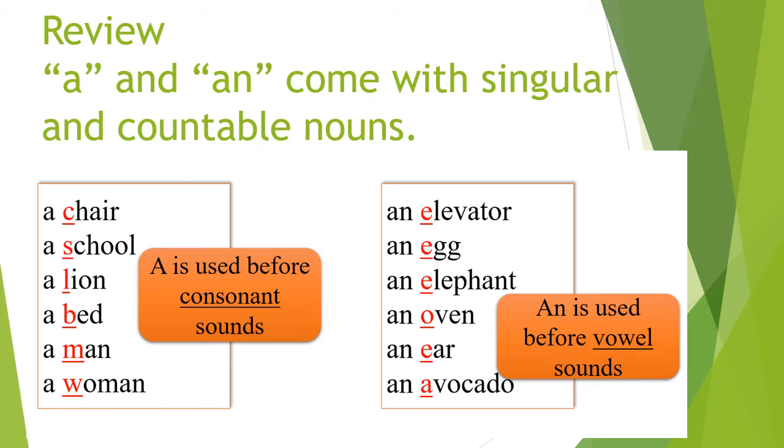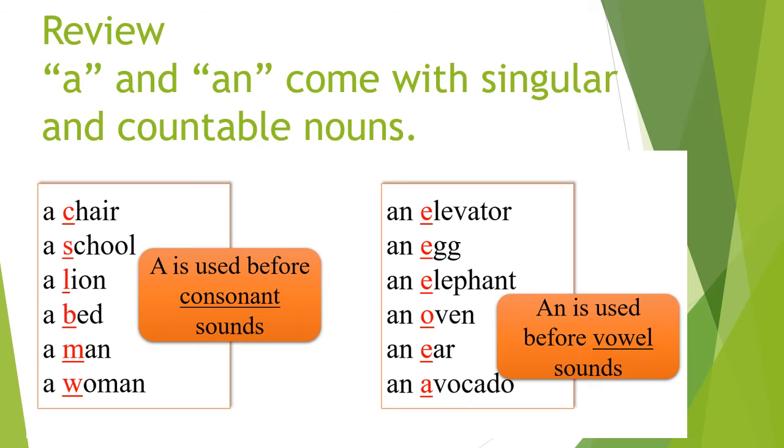A comes in front of consonants like a chair, a school. The word school is a noun having a consonant sound S. Similarly, a lion, a bed, a man, a woman.